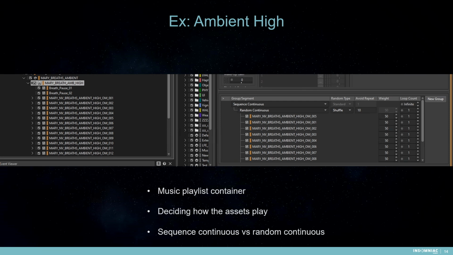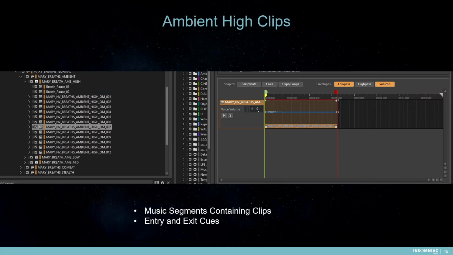So now that we've gone through how these clips are looping, real quick, we're going to go into the clip level. If you can remember earlier, I was talking about music exit cues and entry cues, and I just want to show you what that looks like on the clip level. Every time you create a clip, it automatically creates these entry and exit cues. The entry cue is in green, and the exit cue is in red.